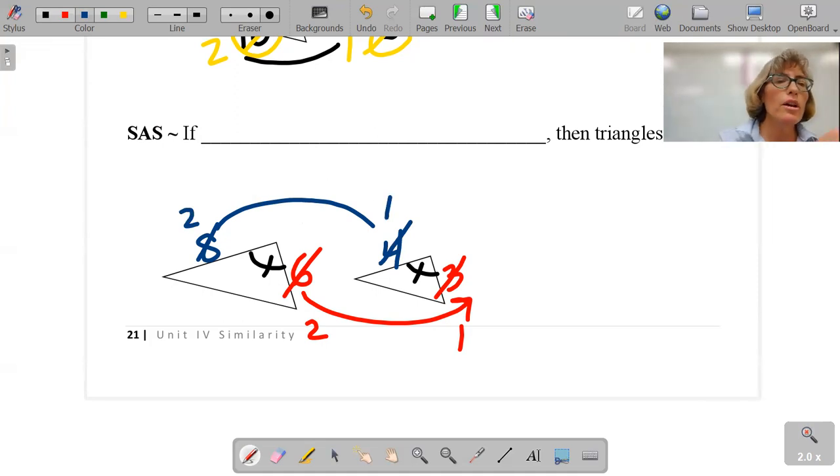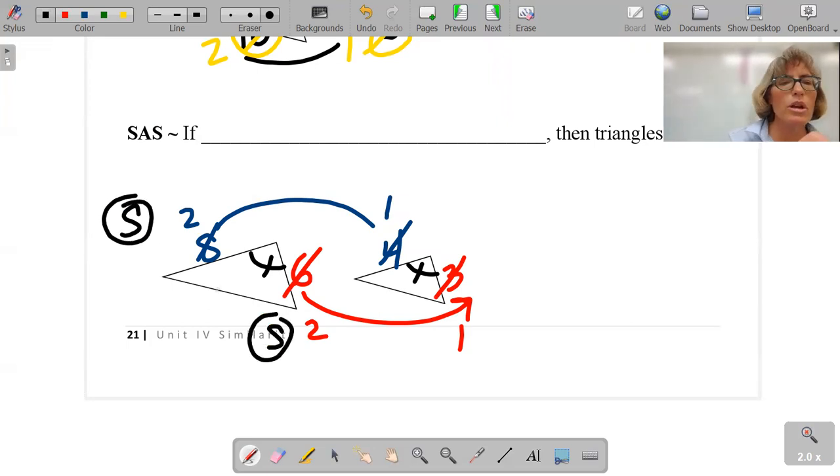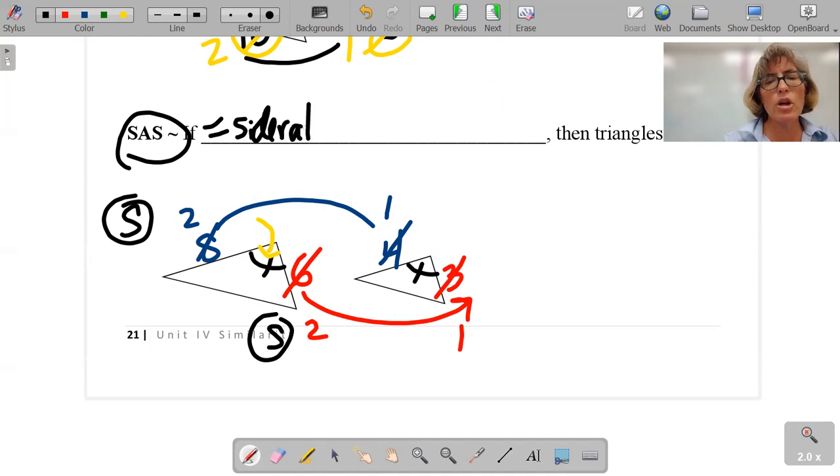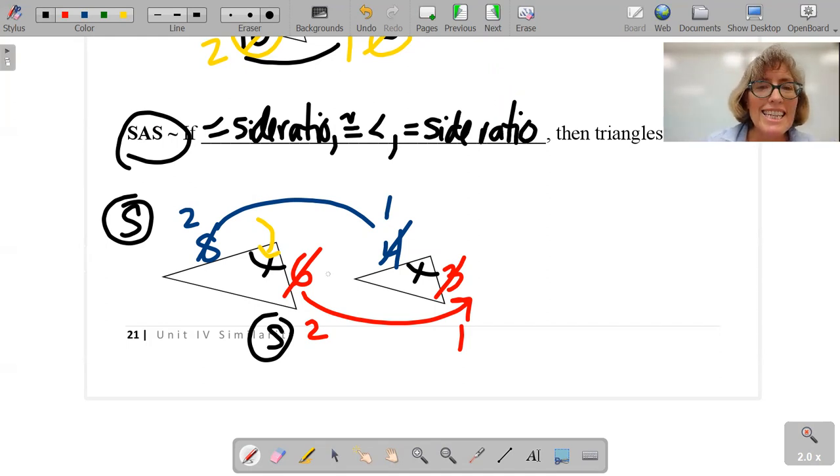So if I have a set of side ratios, another set of side ratios, and a congruent angle in between, then the triangles are similar. This is called side, angle, side similarity. So equal side ratio, congruent angle, and another equal side ratio. Then the triangles are similar, same shape, different size.